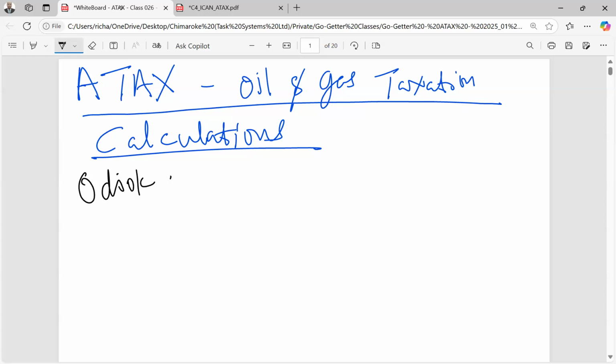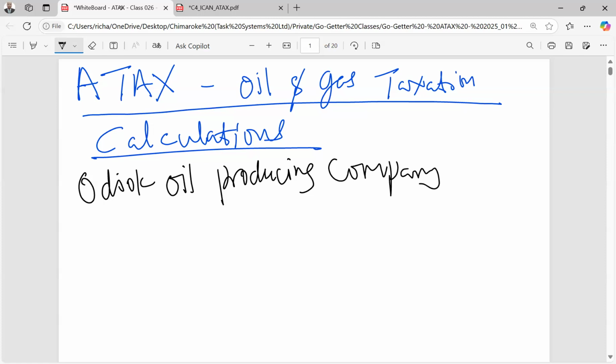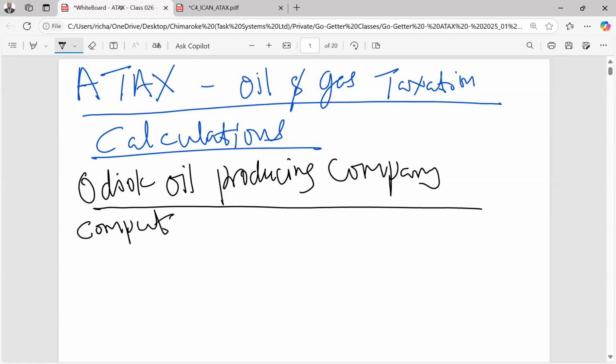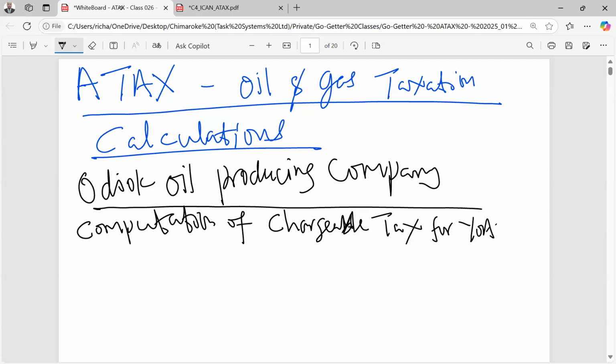Odiok Oil Producing Company. Computation of chargeable tax for year of assessment 2013.